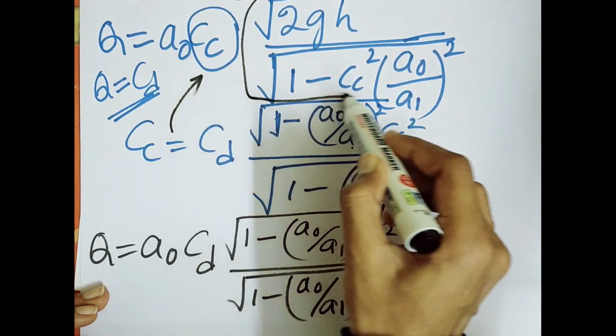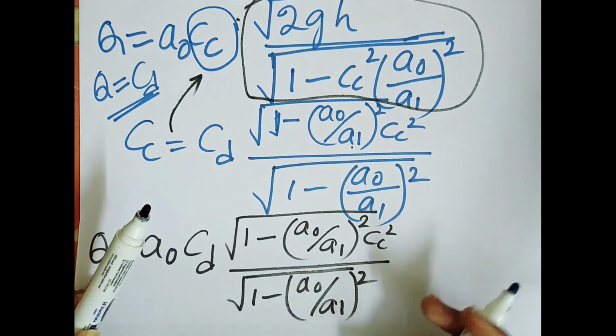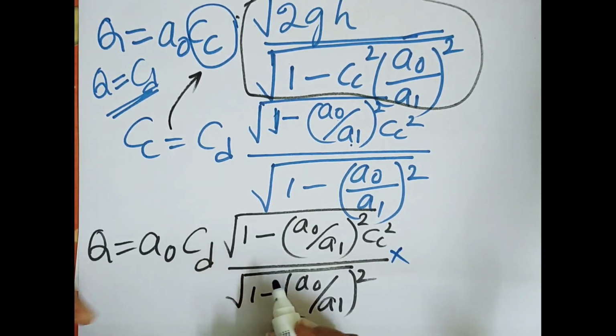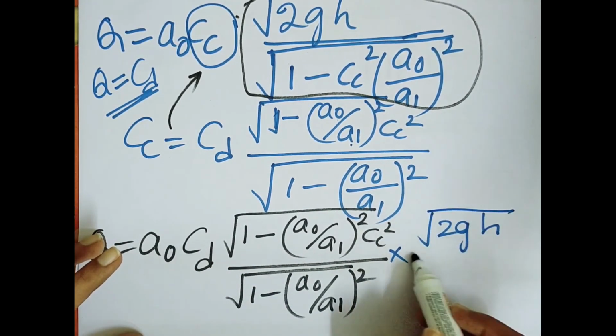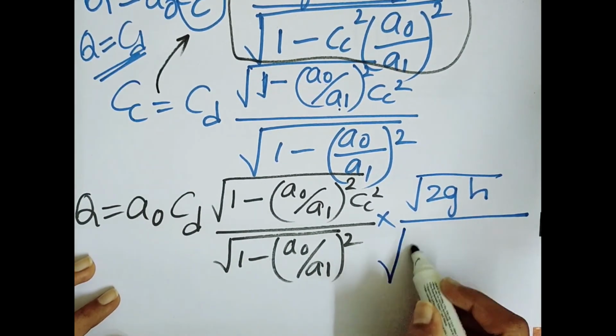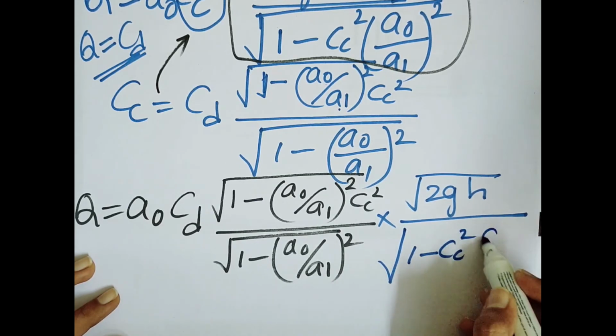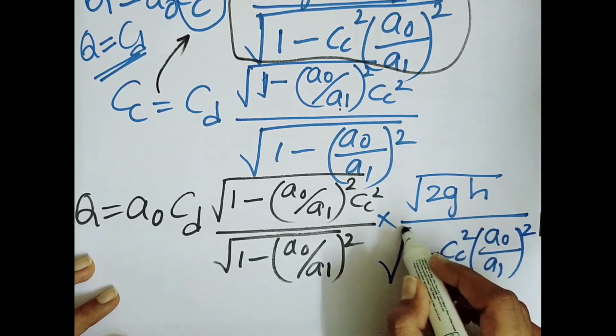So into this part, that is into square root of 2GH divided by square root of 1 minus Cc square into A0 by A1 whole square.